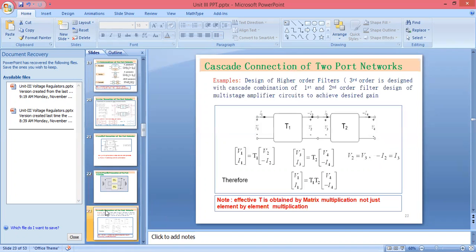Now what we have to study is when we are making the cascade connections of the two-port network. What I am saying is, when we are making the cascade connection, at that time the output of port 1 will be used as input for port 2. That means V2 and V3 will be the same, and I2 and I3 will be the same, but what is the difference?